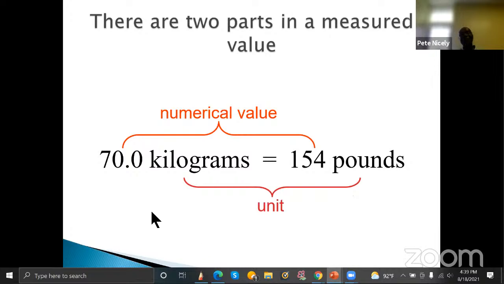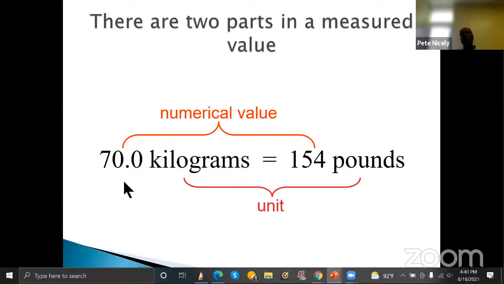And pretty much it is meaningless to express one without the other, right? If I ask you what's the mass of, let's say, a bag of sugar, and you just say 1, I don't know what you're talking about. It could be 1 kilogram or 1 pound. So whenever you're expressing any measured value, it's just as important to express the units as it is to express the numerical value, all right?